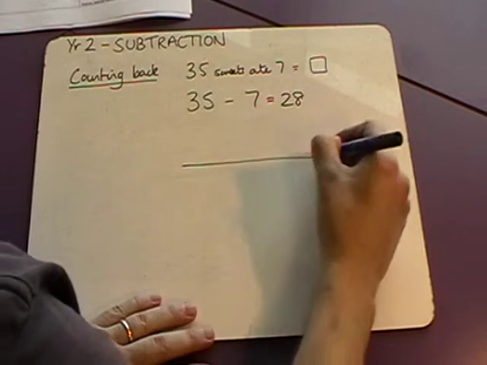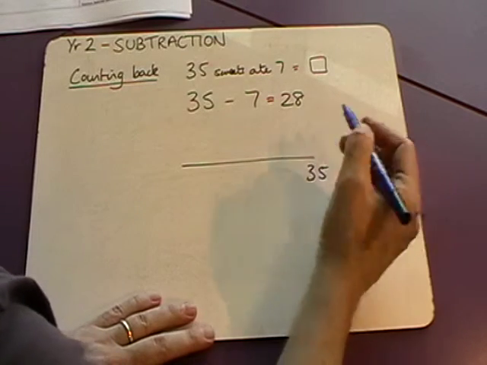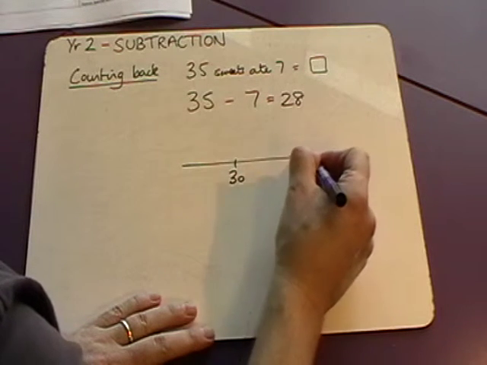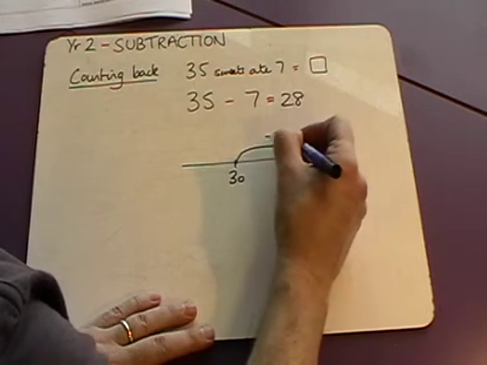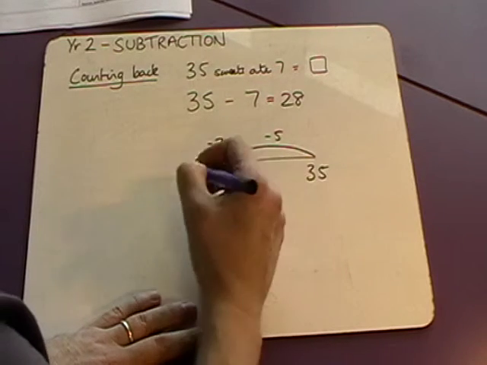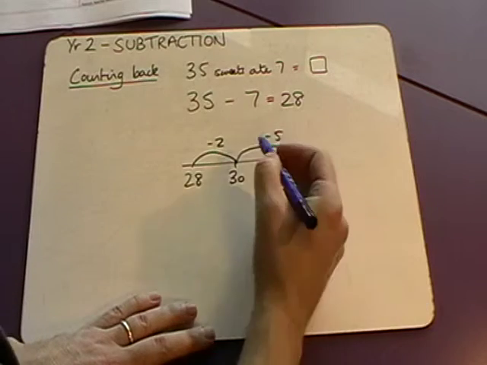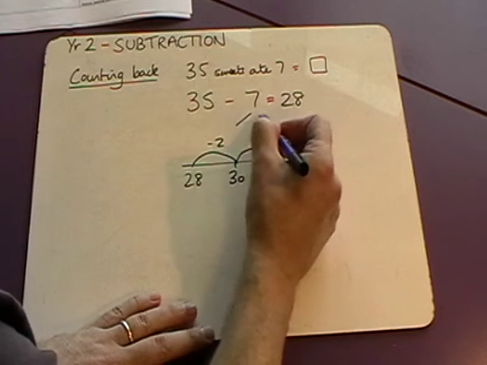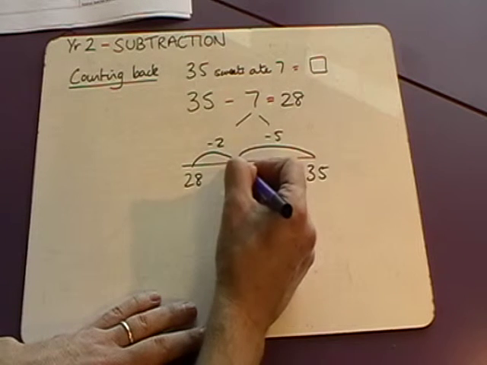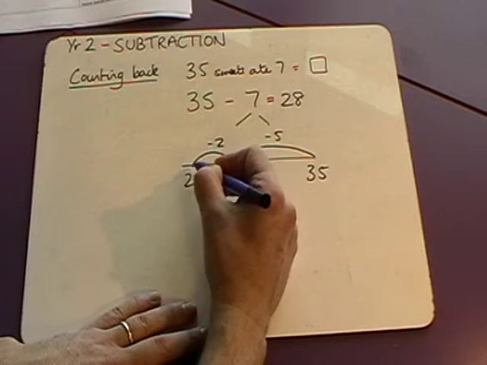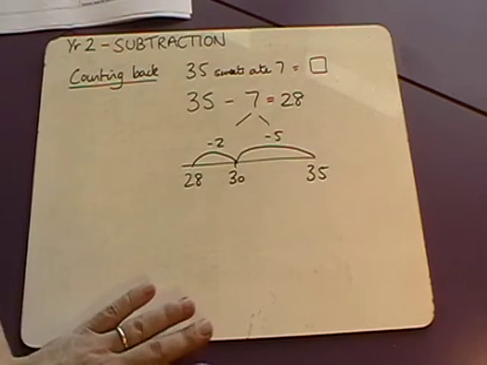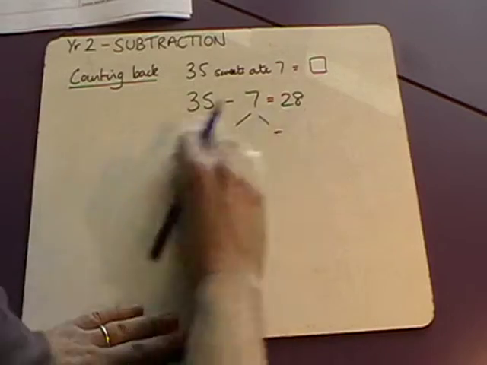We'd want children to start at 35 and count back to 30 by taking away 5 first and then taking away 2 to give 28. So we're breaking down our 7 into 5 and 2, taking away 5 first to go to a tens number and then taking that 2 off that tens number to get 28, and that's what we call bridging 10. That's counting backwards.